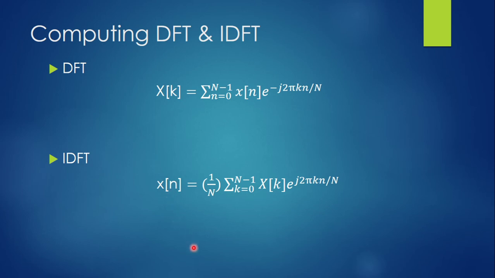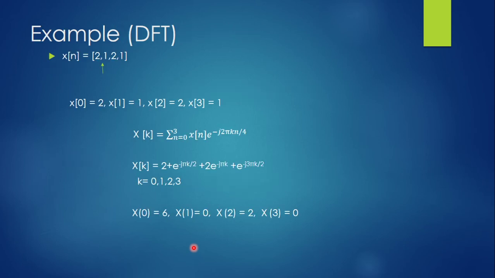Okay, I will take one example to make this computation clear. Numerical example. Now see here, you have a signal, suppose 2, 1, 2, 1. The value of x0 is 2, x1 is 1, x2 is 2, x3 is 1.